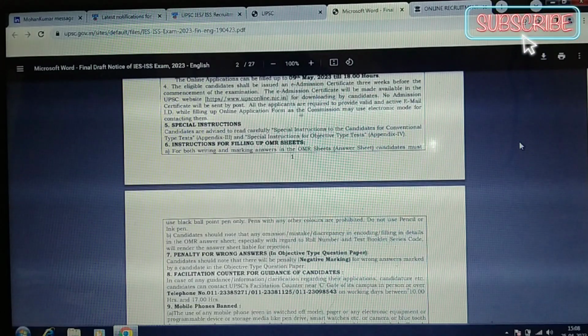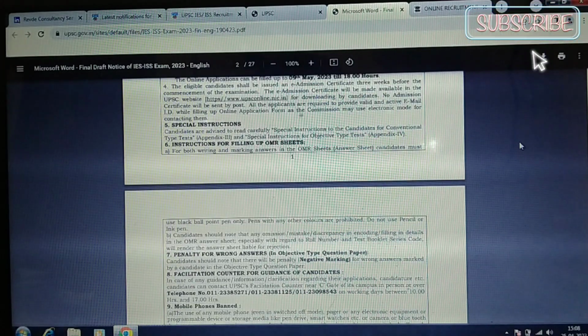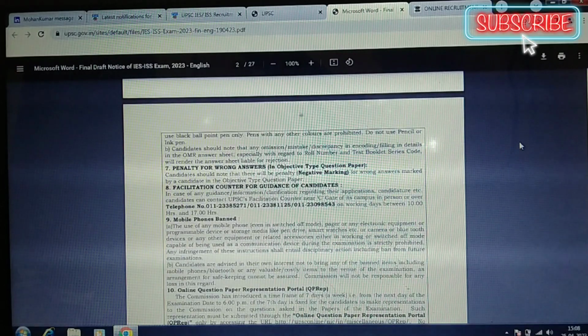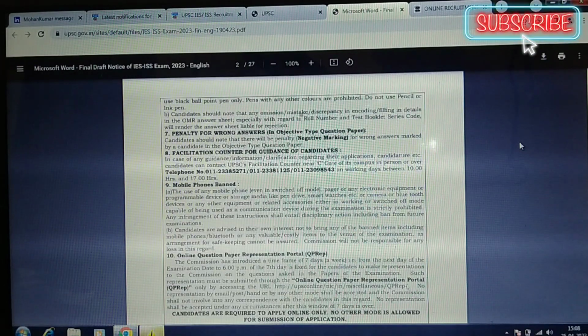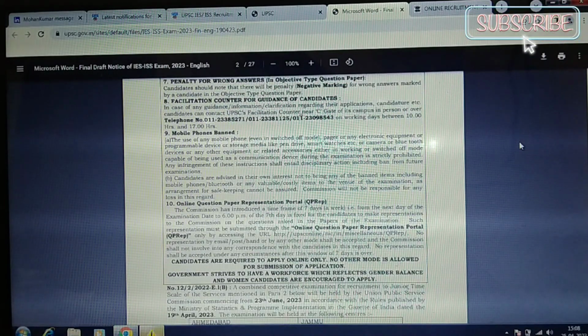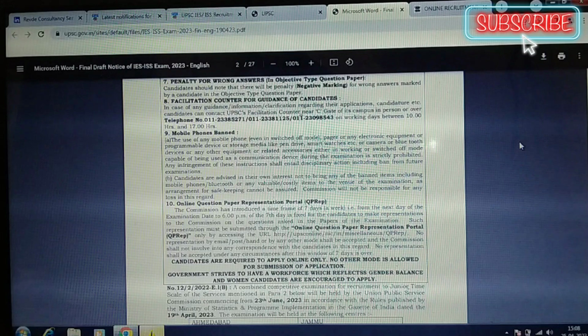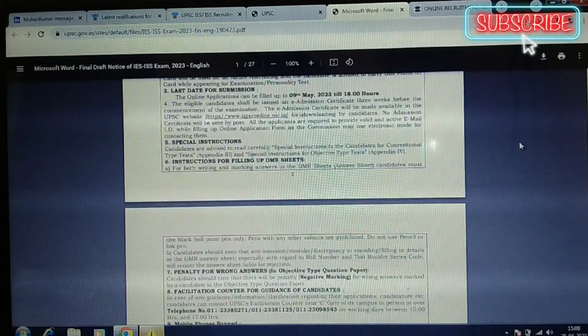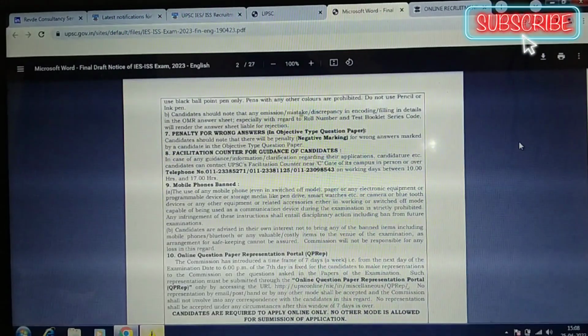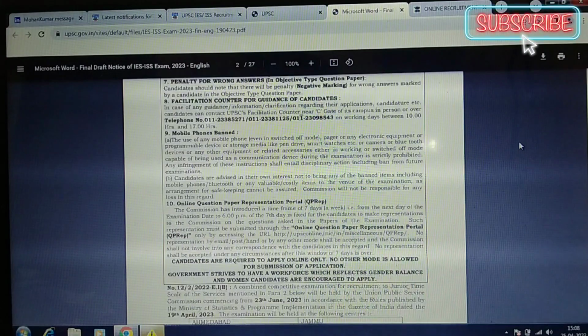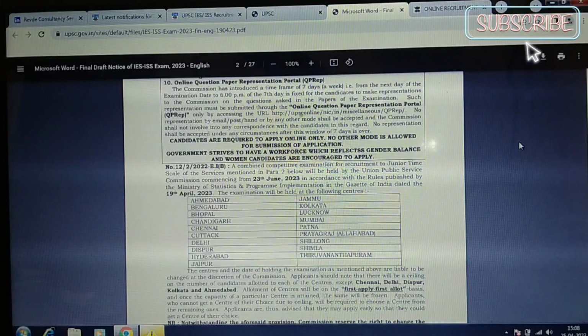The important sections are the age criteria, mode of examination, and the processes in the examination, and also the examination centers. I will briefly explain about the examination centers.